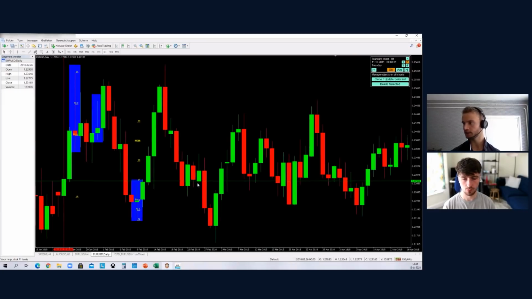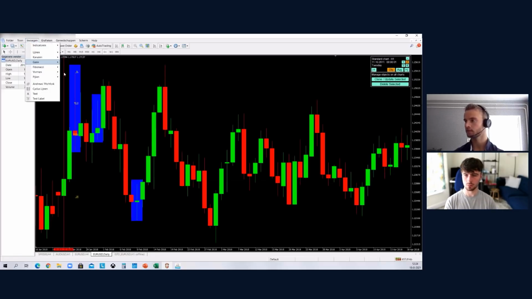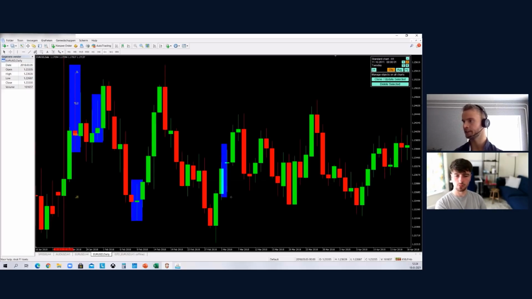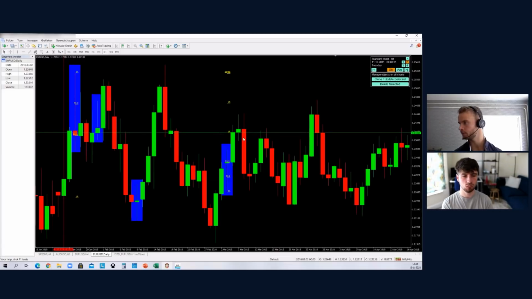One more example. Let's see if we can find one. As you can see, here is one clear pin bar following the rules. Wick 2 times as long as the body, candle in the upper half, entry on the close, stop loss below. 1R is over here, which is 1.2402.